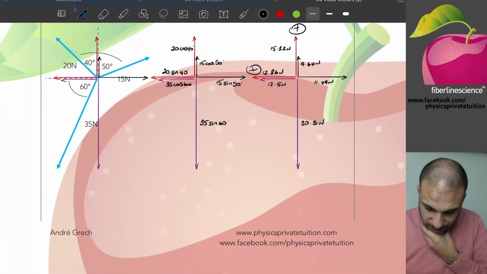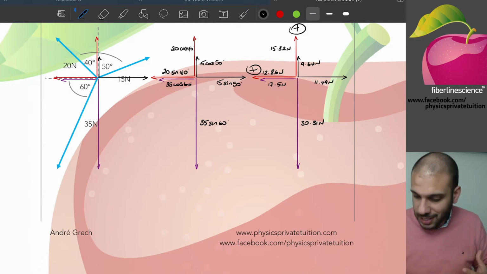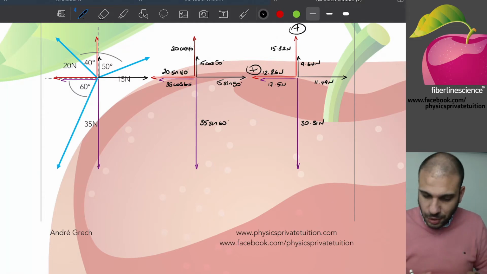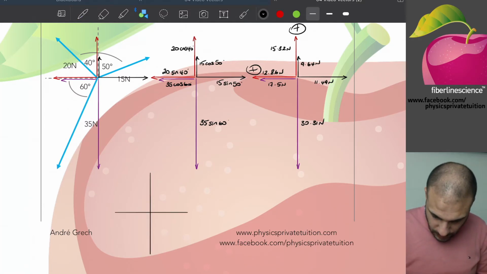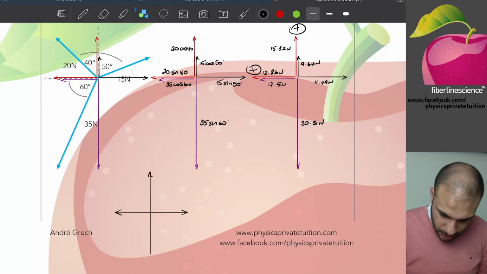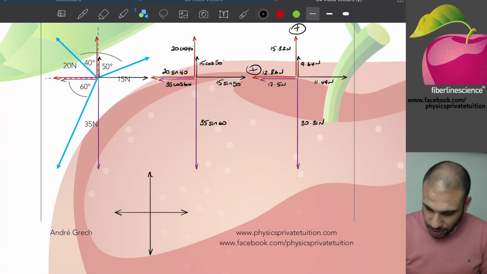I'm going to take it in two steps, so as not to make mistakes in the exam. This I think is good practice. So first I'm just going to add. Forces up, forces down, forces to the left, forces to the right.